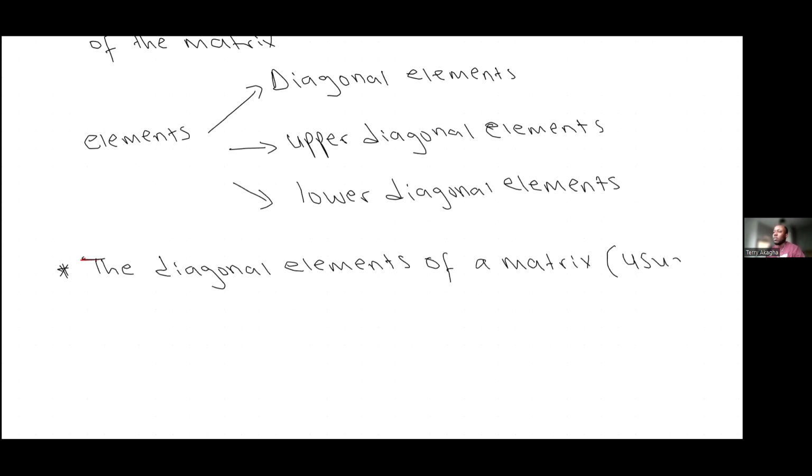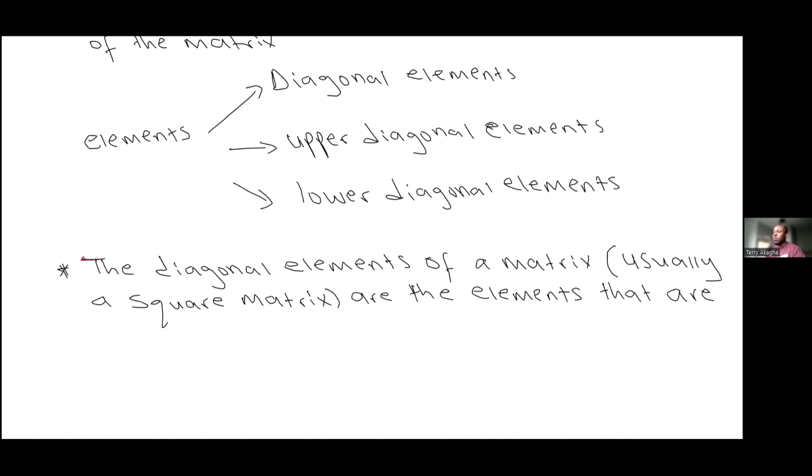So the diagonal elements of a matrix are the elements that are located on the diagonal of the matrix.